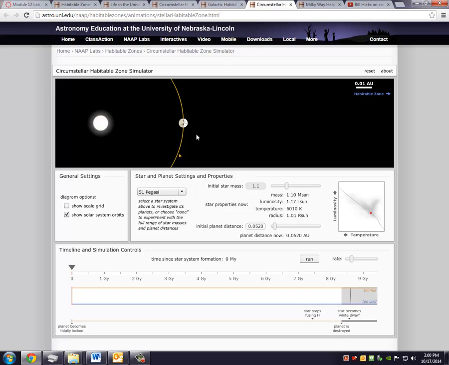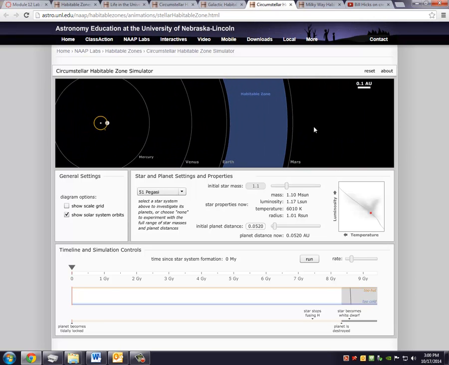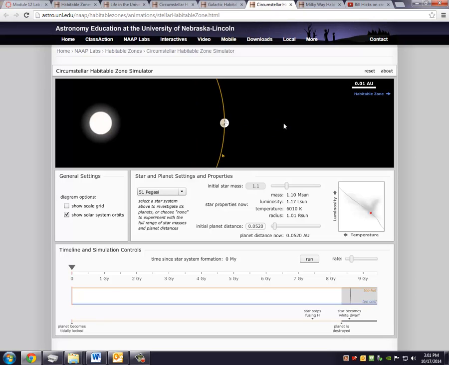Now, the way you zoom out is you shift and click, and then just kind of drag and hold until you get to the point, and they'll ask you a question about the habitable zone around this particular star and what its chances are of having life on it, this planet that orbits 51 Peg. And you can pretty well tell that it's pretty far away from the habitable zone of that particular star. It's not likely to have life. And that's the way this whole simulator works.